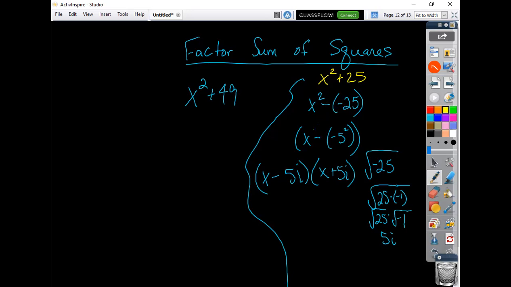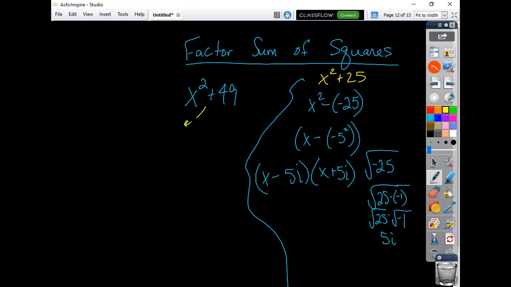So now I'm subtracting a negative 25 like this. So then I could write an x minus 5i and an x plus 5i for my factors, because the negative 25 right here, i times i would be an i squared, negative 5 times positive 5. And we could write that then in this factored form.